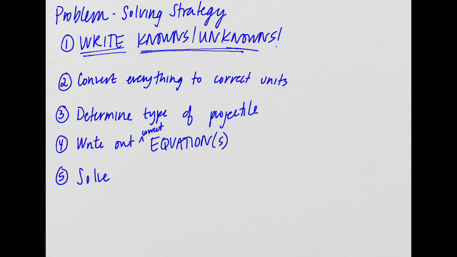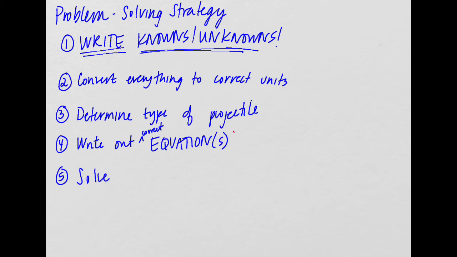This is what you're going to do for every single problem, and if you do this, you're going to be successful. So first you're going to write down your knowns and your unknowns every single time. Then you're going to convert everything into the correct units. You're going to determine the type of projectile, and then you're going to write out the equation or equations that you're going to need to solve.